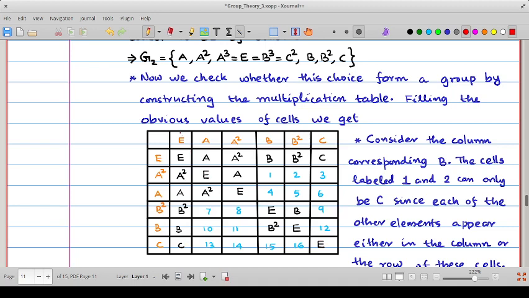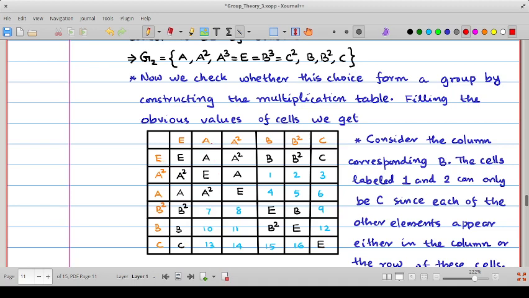First we note that the first column corresponds to E and the row should be such that if I multiply that label with E, I should get the identity element. But then E times E is identity. So the first row should be labeled by E. Now look at cell 2, 2.